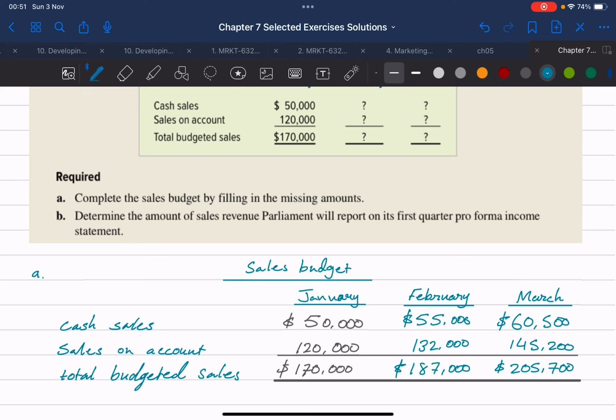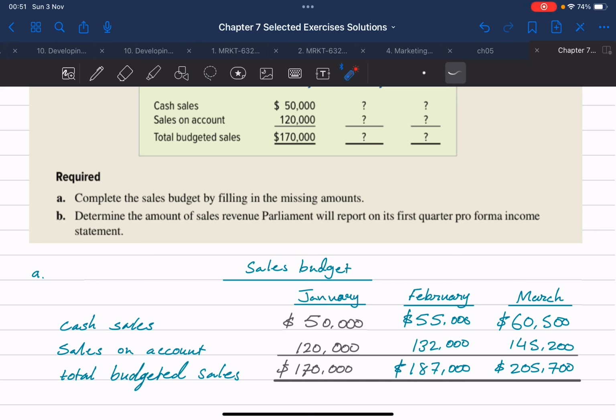Let's now move on to part B and read it again. The question says, determine the amount of sales revenue Parliament will report on its first quarter, being January, February, and March, pro forma income statement. What would be the sales revenue figure? The sales revenue figure consists of the sales budgeted for the three months in the first quarter.